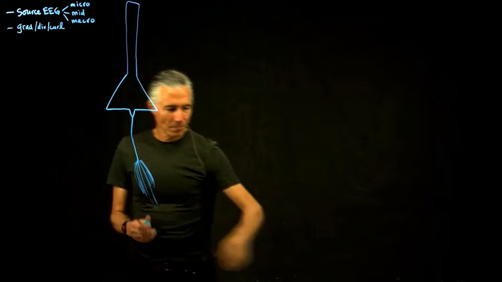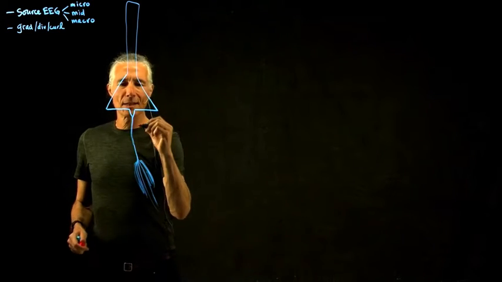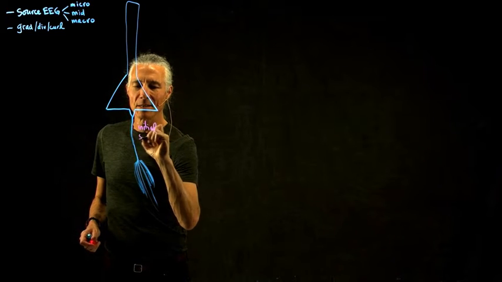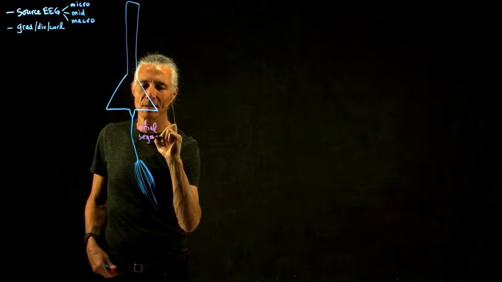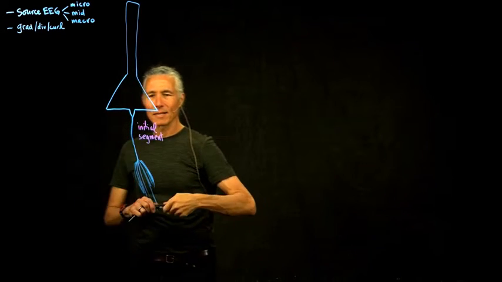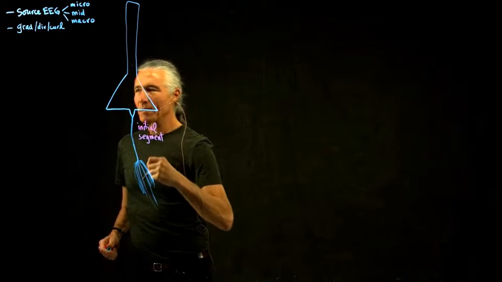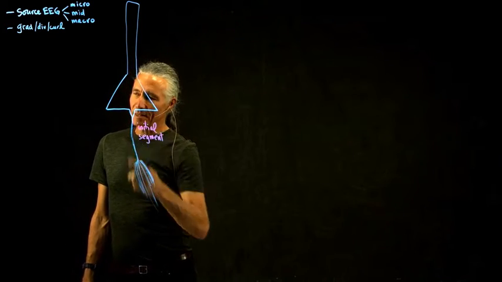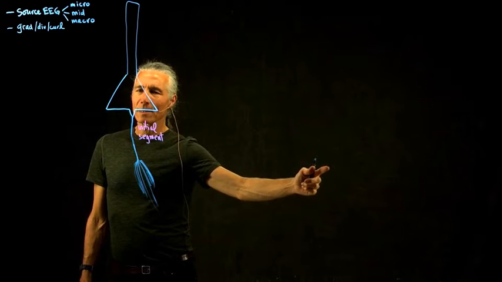This part is called the initial segment, and that's where the spike starts, where this electrical disturbance essentially transfers the signal down the axon to go someplace else.